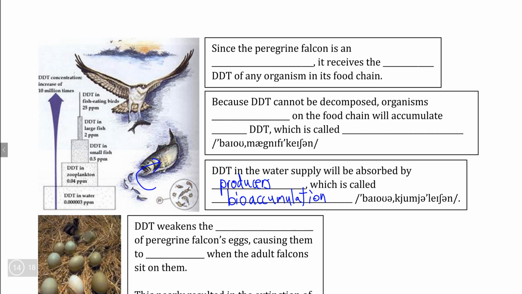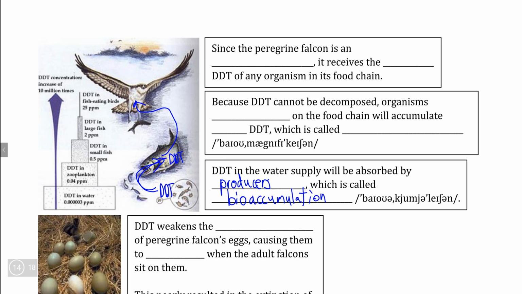So that means that the DDT that was absorbed by the producers will then be absorbed into the herbivorous consumers like the fish that eat them, and eventually, because the DDT cannot be removed by the fish, it's going to be absorbed ultimately by the apex predator in that ecosystem.